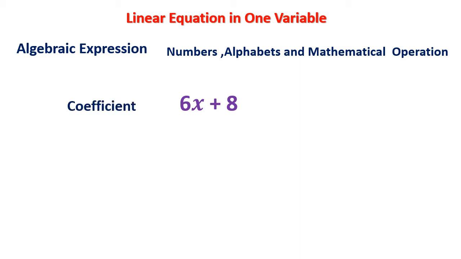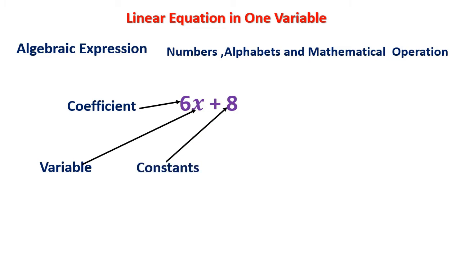And we know that there will be a coefficient, just like 6 in this case, then a variable whose value can be anything, like x in this case, and a constant which has a fixed value. All these things are known to you, but just revising it. And when it comes to an algebraic equation, there will be an equal to sign. This also you know very well.